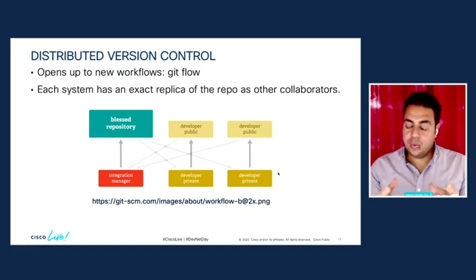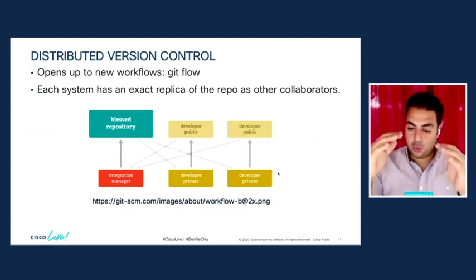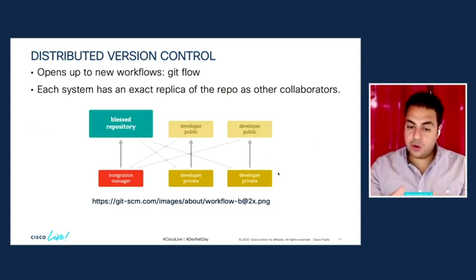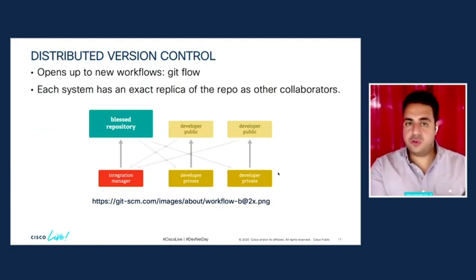With CVS, one person checks out that code, works on it, and locks that record. No one else can access the code until you, as a developer, go back in, check the code back into the repository, and unlock it. So that record is locked and no one can contribute to it. You can see how it's not as easy to use. The shift that happened is we went from centralized version control to decentralized version control with Git.